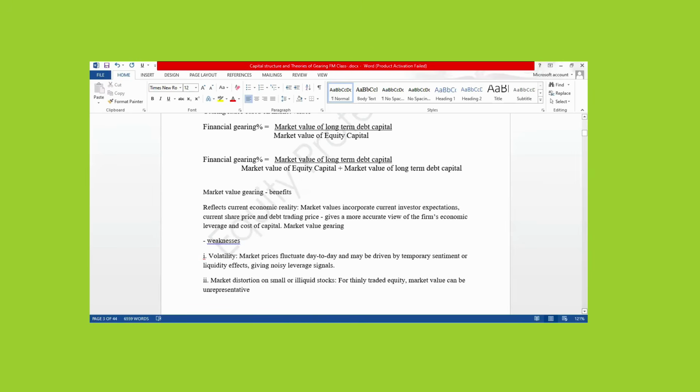Hence, the market value gearing is likely to produce a more accurate view of the firm's economic leverage and cost of capital.